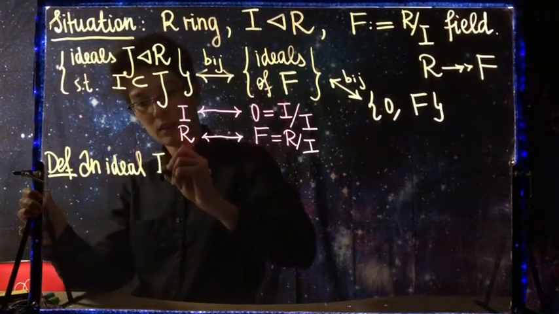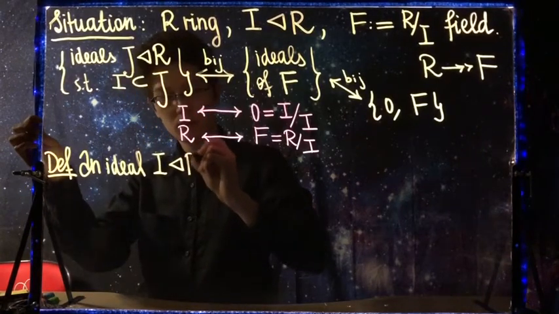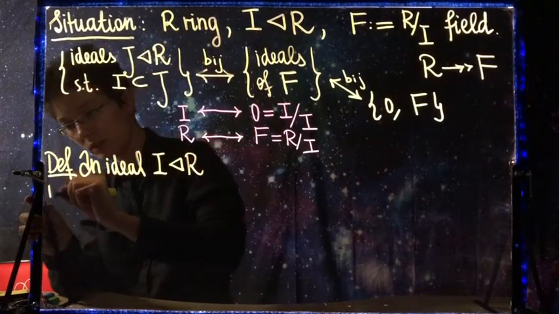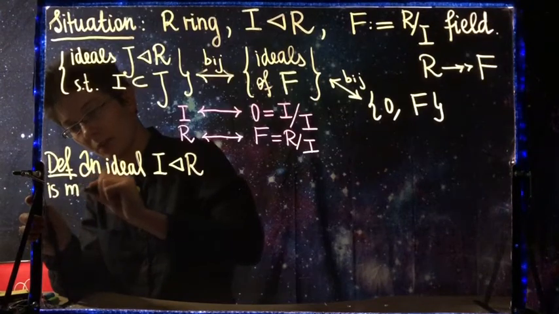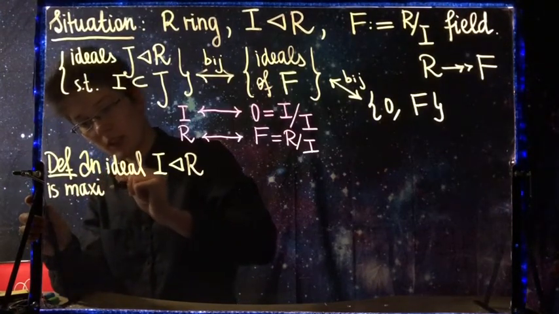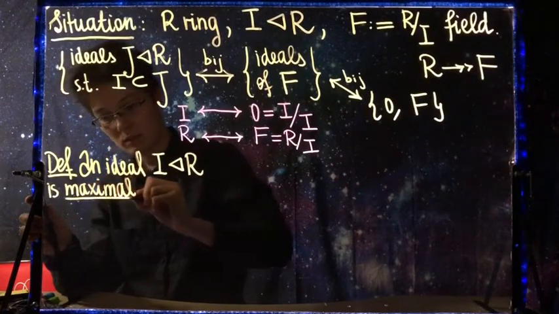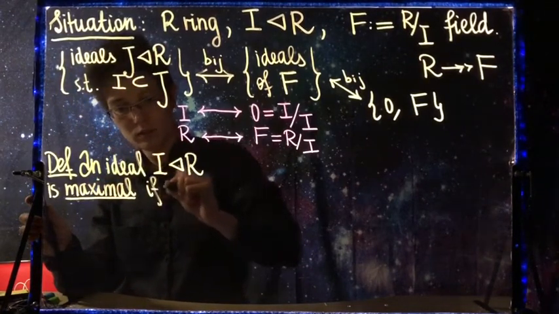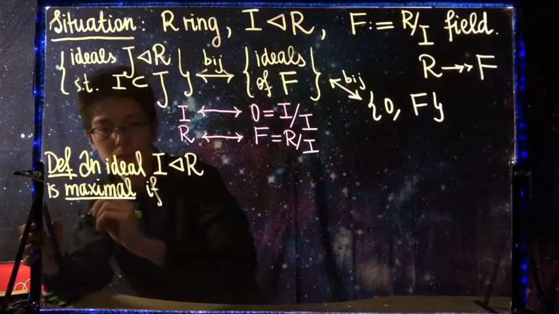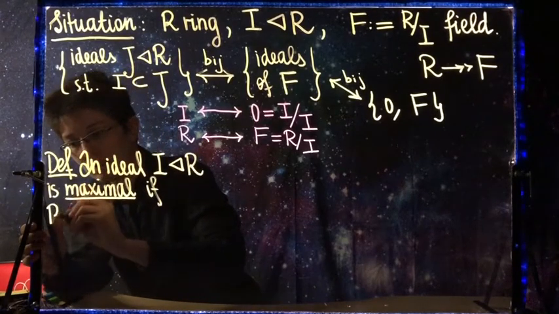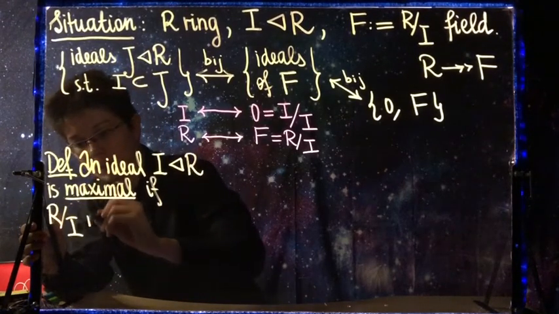An ideal I of R is called maximal, a maximal ideal, if the quotient R mod I is a field.